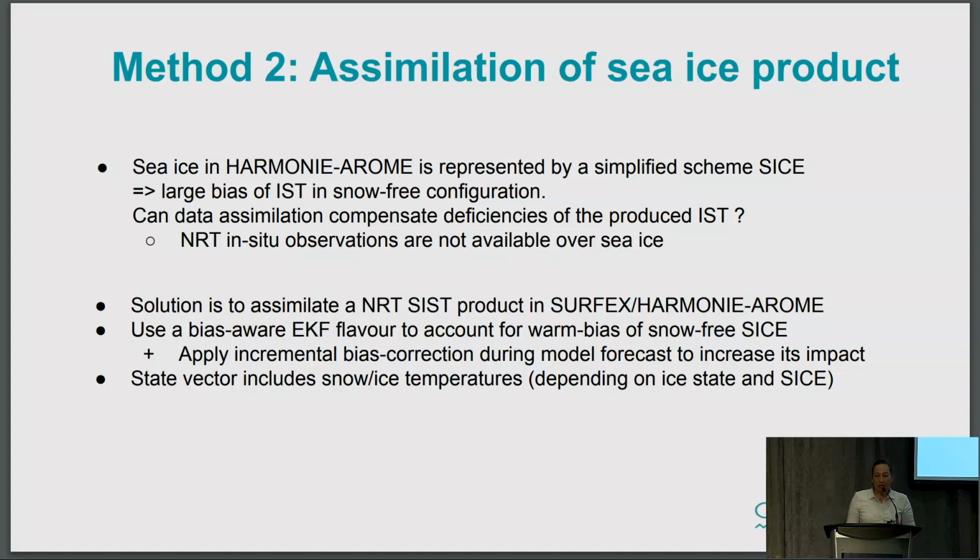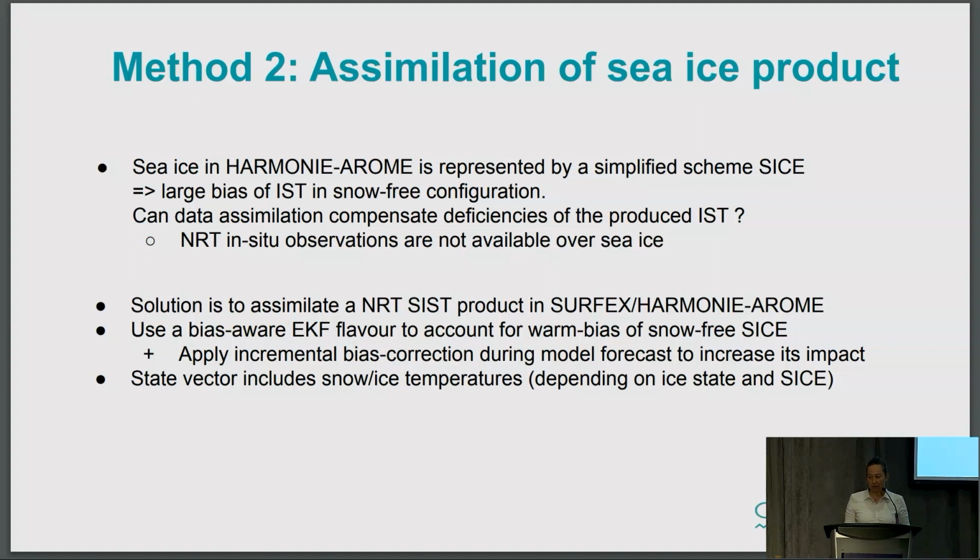So the sea ice in AROME Arctic is represented by a very simplified scheme, which is called SICE. It has been noted that there is a large bias of the ice surface temperature, especially in the snow-free configuration.